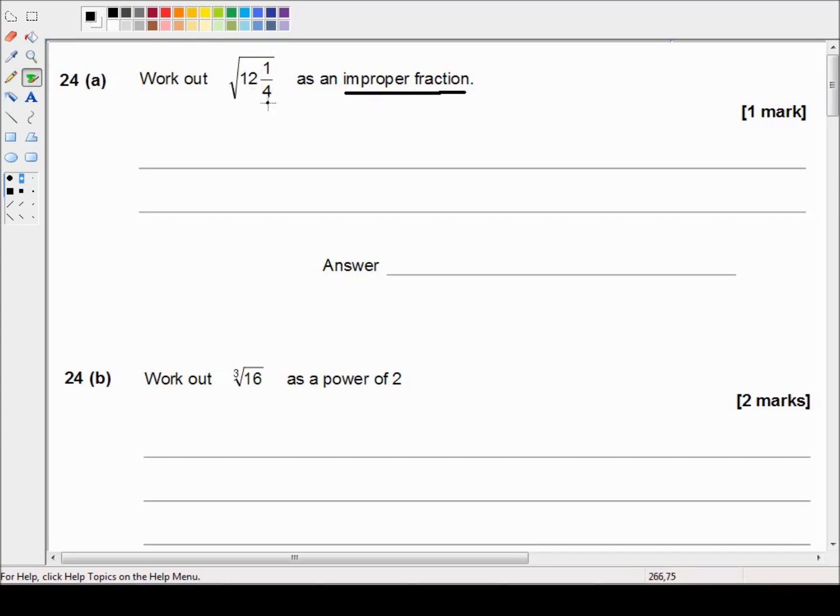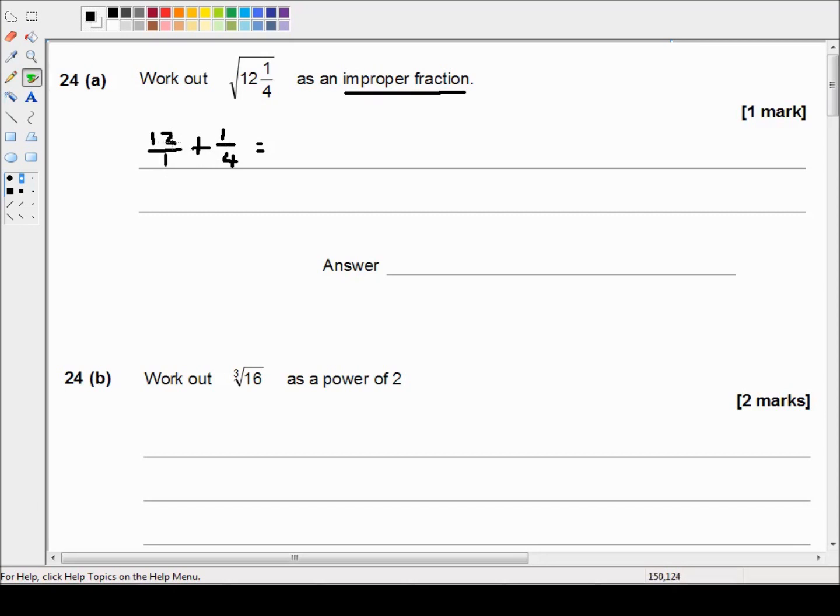So 12 1/4 is the same as 12 divided by 1 plus 1 over 4. That's 12 plus a quarter, which is 12 1/4. So that's equal to, if we make the denominators the same, we just multiply top and bottom by 4 and we'll have common denominators.